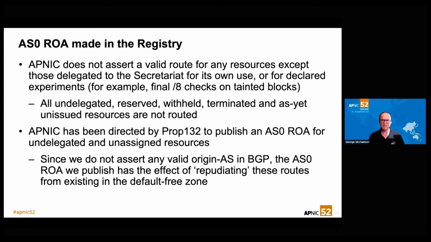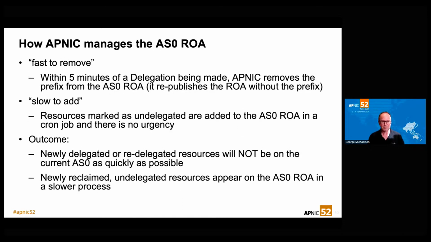There won't be a ROA that says, here is the positive routing assertion with a real origin. There'll only be the negative assertion, AS0. No AS0 ROA created by APNIC will exist in the main RPKI system.